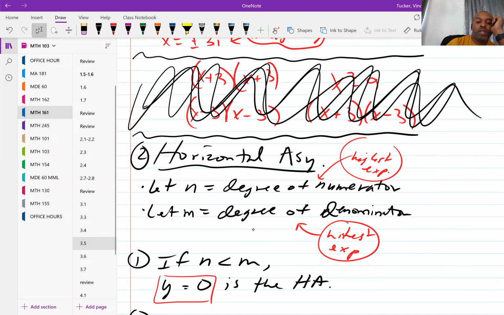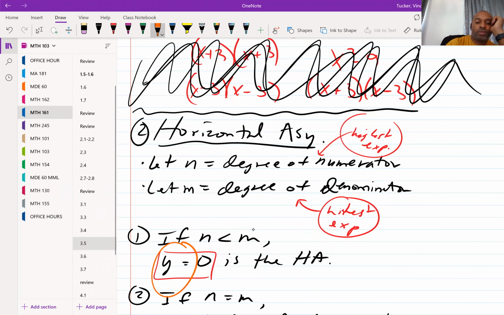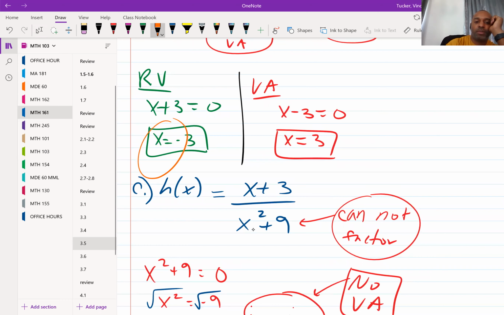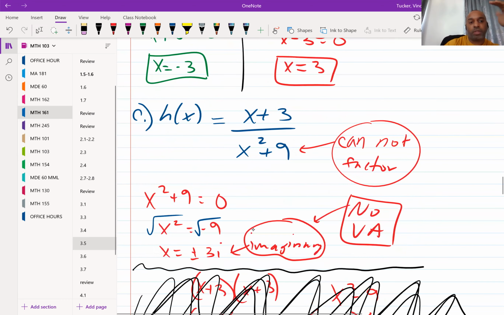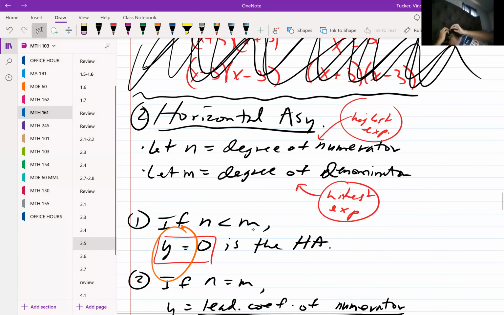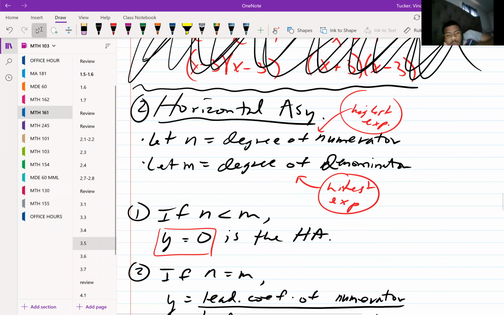Also take note, we have y equals. Before, when we were looking at vertical asymptotes, we had x equals. So that does matter. Your vertical asymptote is always x equals. Your horizontal asymptote will always be y equals. Can you go over the beginning part again, where you were saying the rules?